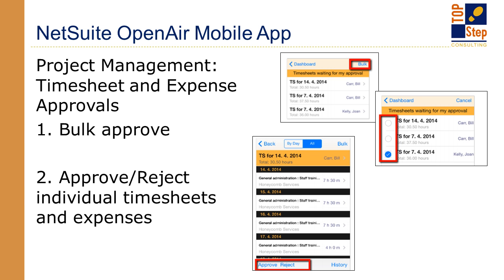Also, for both time and expenses, if you are using line item rejection, the mobile app will support line item rejection. So you're not just approving or rejecting the entire timesheet or the entire expense report, there is the ability to line item reject or approve different lines within the timesheet and expense report.